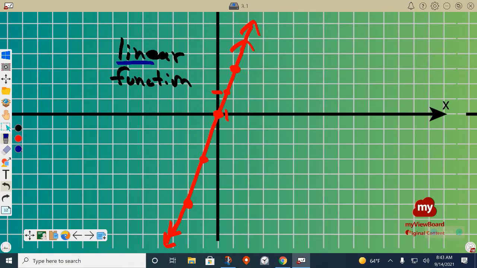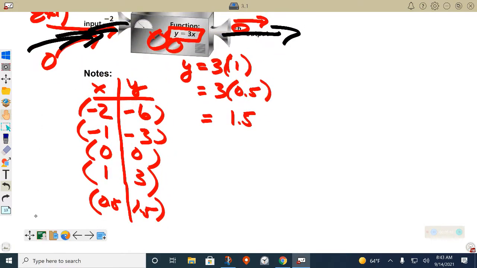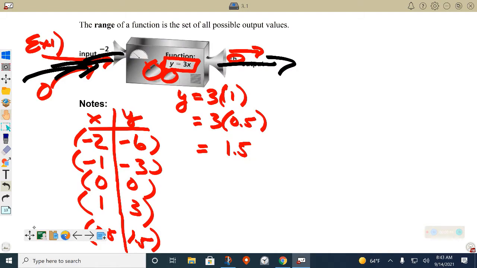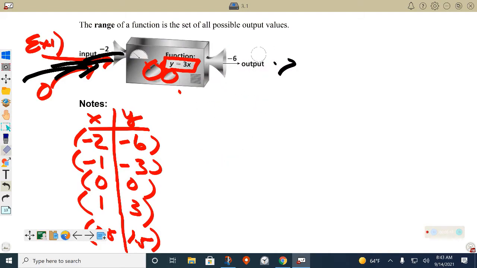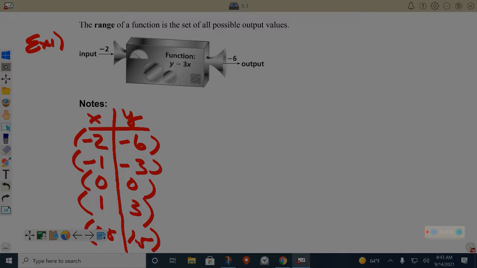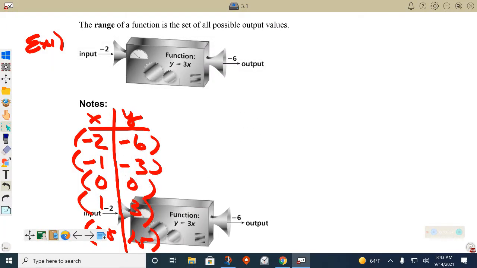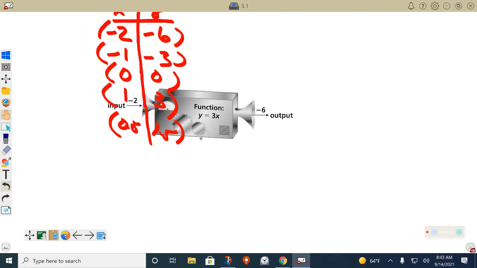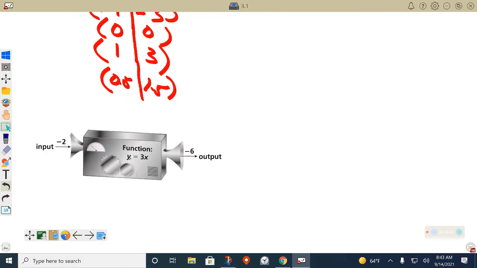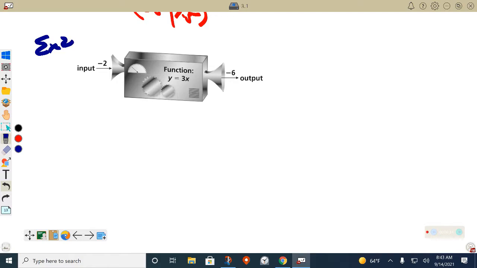Okay. Let's go to the second function now, the second machine. Let's go to example 2. That was a linear function. Copy that puppy. Yours is kind of crowded there, the way I copied that paper, I apologize. Write example 2. But let's go ahead and change the machine right now.